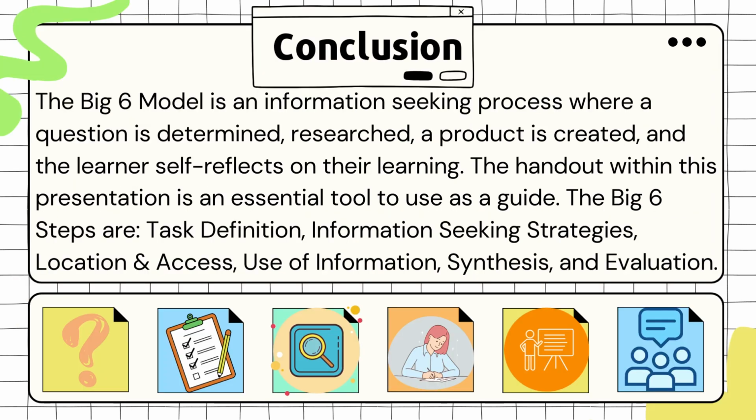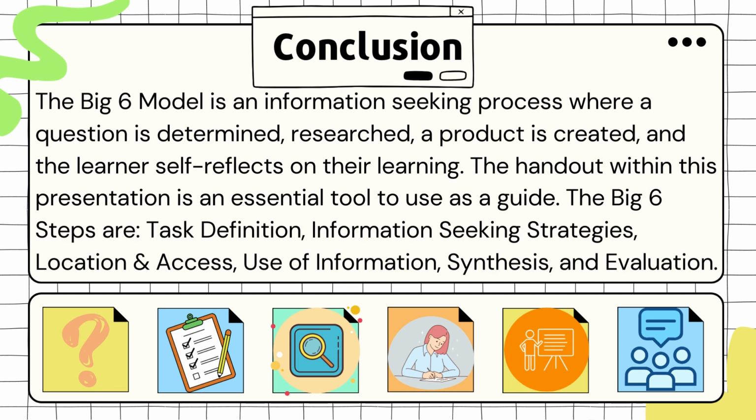In conclusion, the Big Six model is an information seeking process where a question is determined, it's researched, you create a product, and then you self reflect on your learning. The handout in this presentation that I showed you earlier is an essential tool that I want you to use as a guide for when you get stuck or for when you need help.